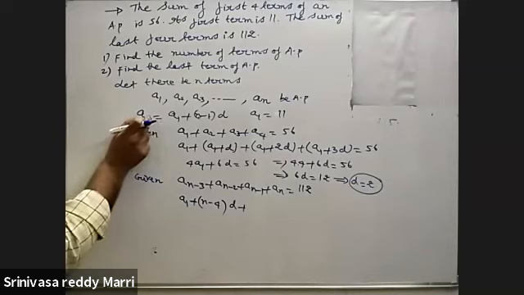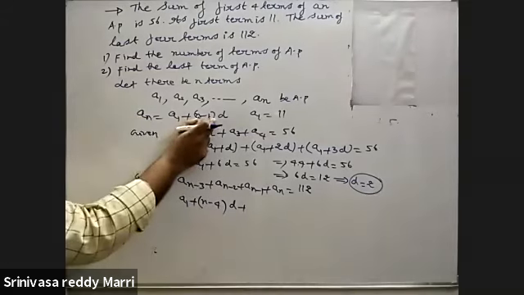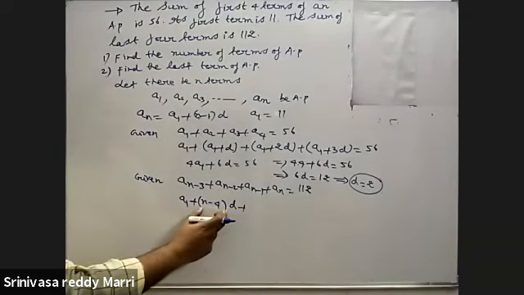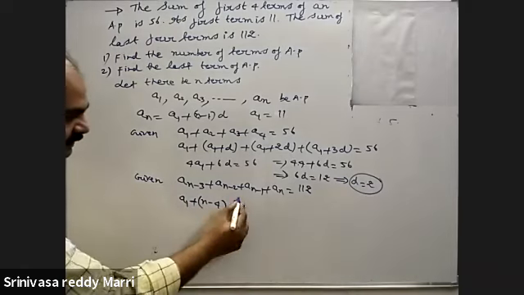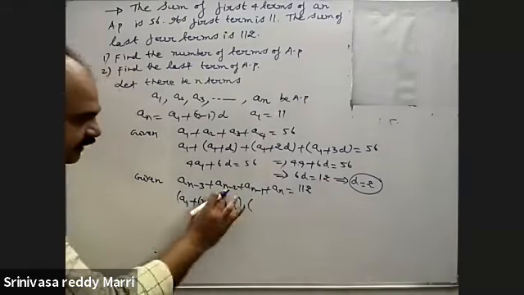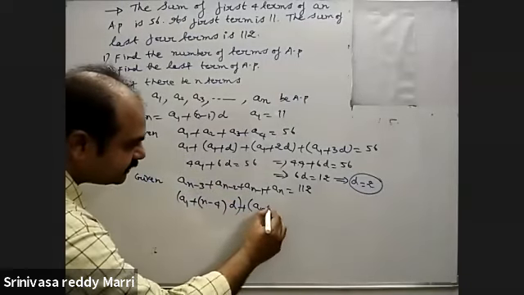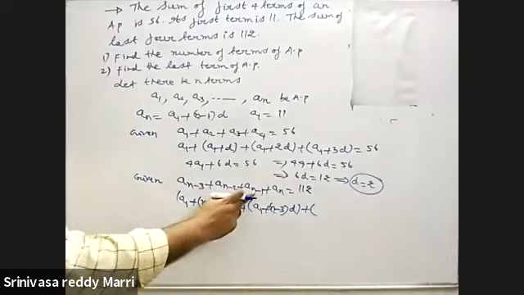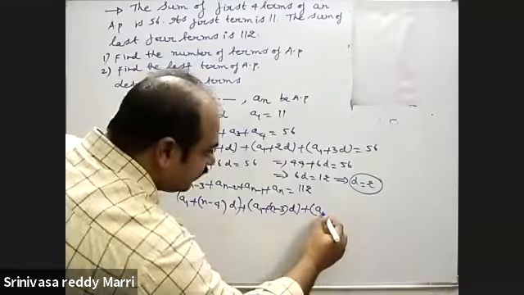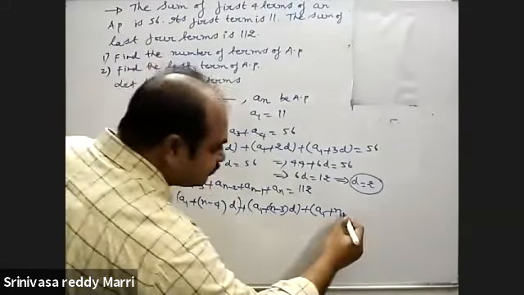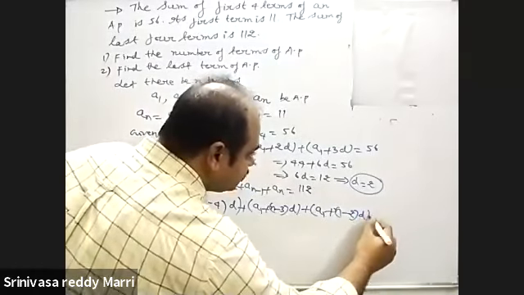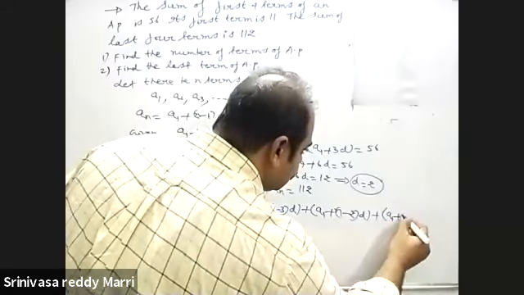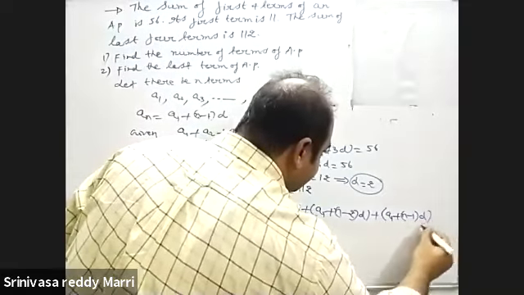Next, an minus 2, replace n by n minus 2. Plus an minus 1, replace n by n minus 1, which gives n minus 2 into d. An is nothing but A1 plus (n minus 1) into d.